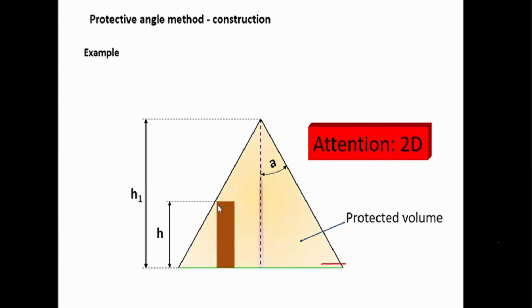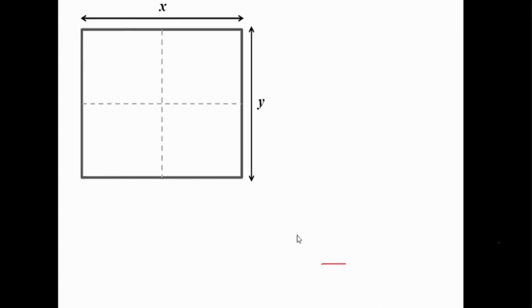The edge of the part to be protected should be inside this protected volume. And then somebody might ask how I know the area to be protected and what would be the radius to be protected.